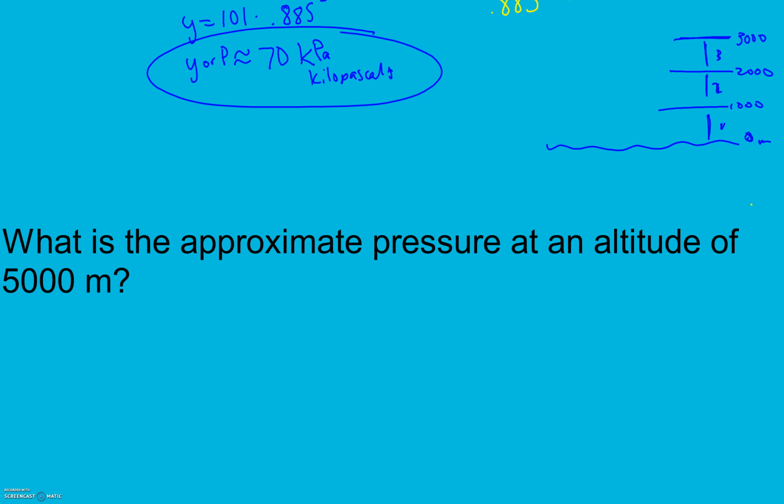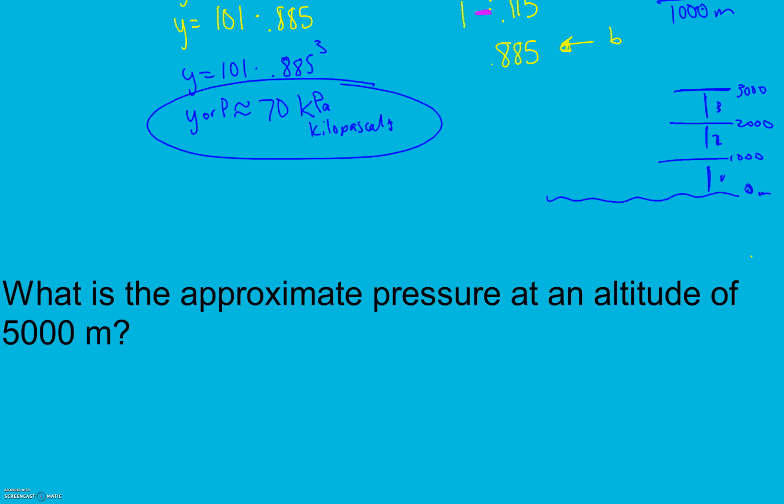Now, using the same situation, so we're going to use the same 11.5% decrease. We're going to start at 101 kilopascals at sea level. But we're going to find the approximate pressure at an altitude of 5,000 meters.